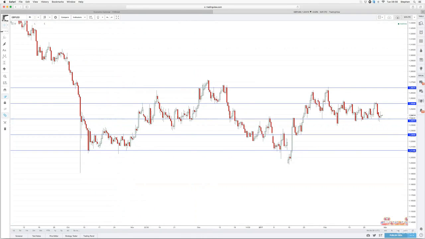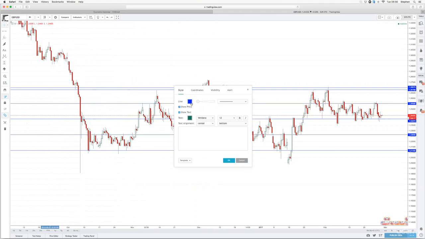So there we are. We're just roughly going to draw a zone about 15 pips either side. I'm actually going to make this a dashed line just so it makes it much easier to identify.